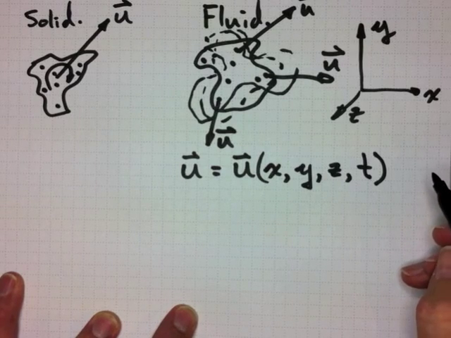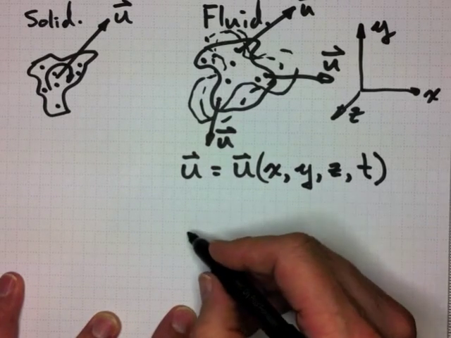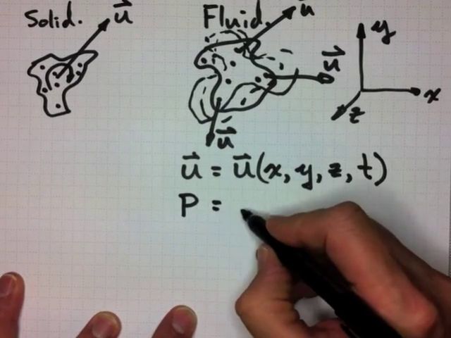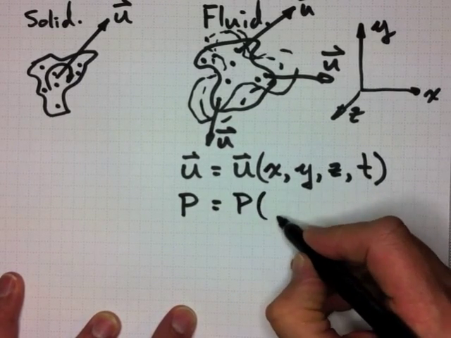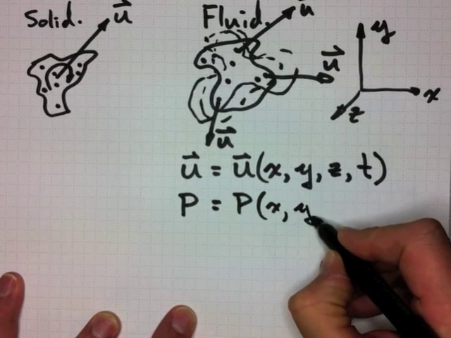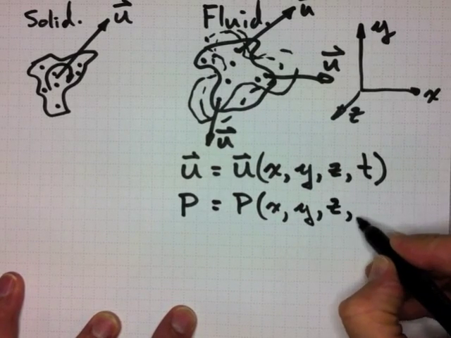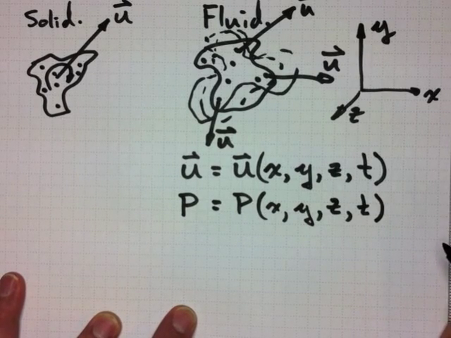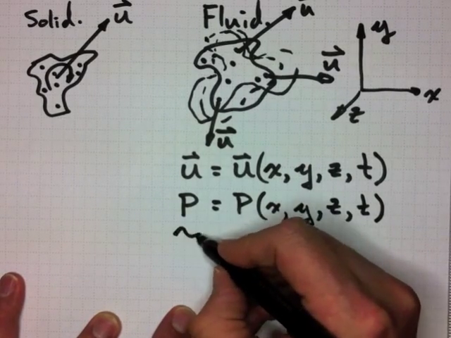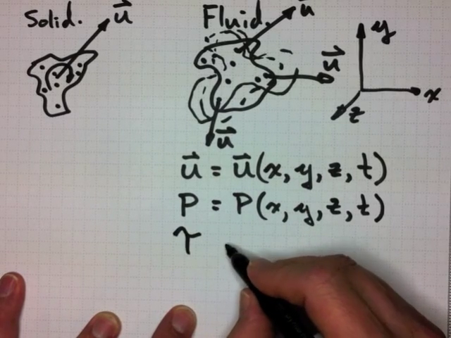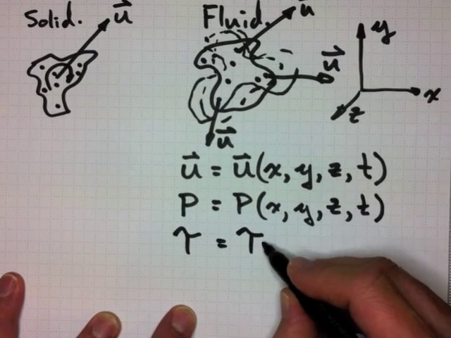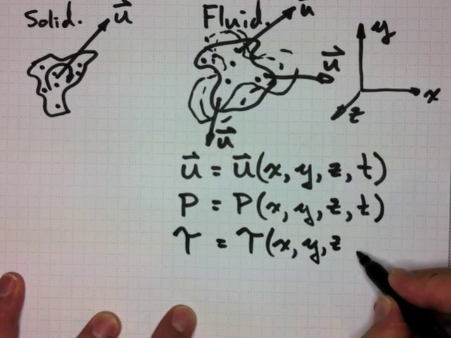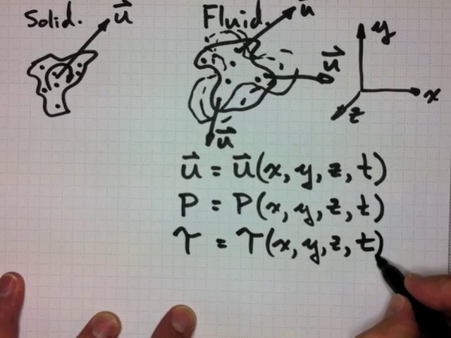The forces that are applied in space are going to be the pressure forces, which are also a function of location and time, and viscous friction forces, which are also a function of position, location and time.